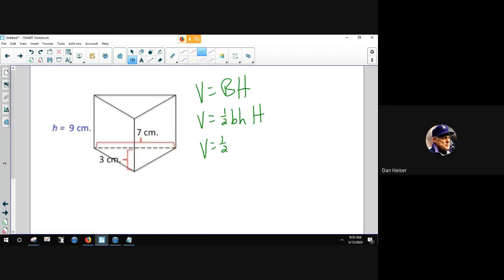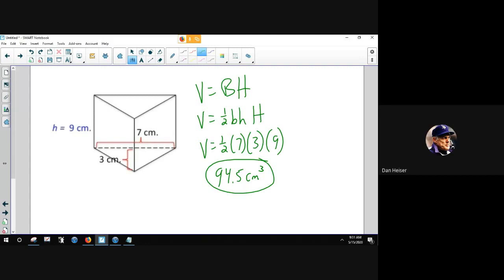Our triangle base, our triangle height, our prism height. And it appears for this one we will get 94.5 cubic centimeters.